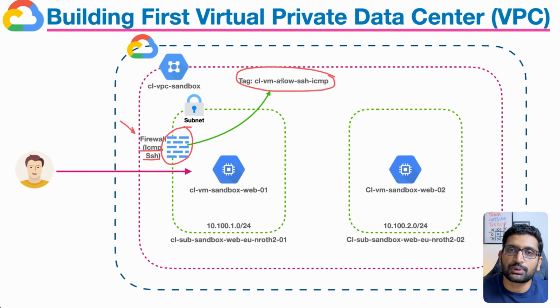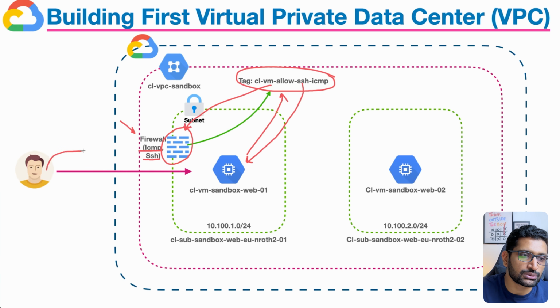Once we assign this tag, then the same tag needs to be assigned to this virtual machine. Once this virtual machine is associated with this tag, then it will see the rules, which are these two. Whenever this particular user is trying to access this virtual machine, it will see, okay, these rules exist, which allow ICMP as well as SSH, and this tag is associated with this virtual machine, so I am allowed to access it.